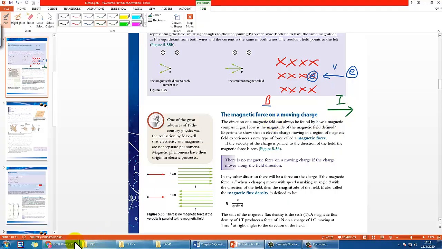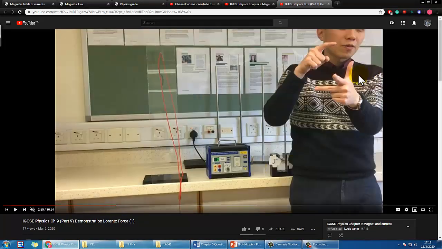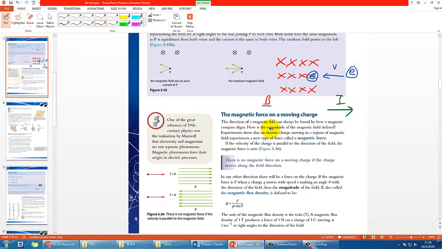Use the usual way that we do, and you should find that if you point the second finger into the paper, which is B in this case, and the I going to the right, then your thumb is pointing up. This will be the direction of the force experienced by the charge in this case.